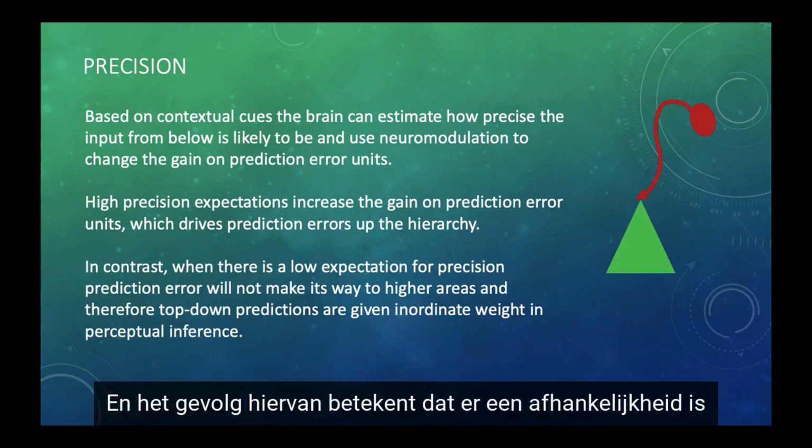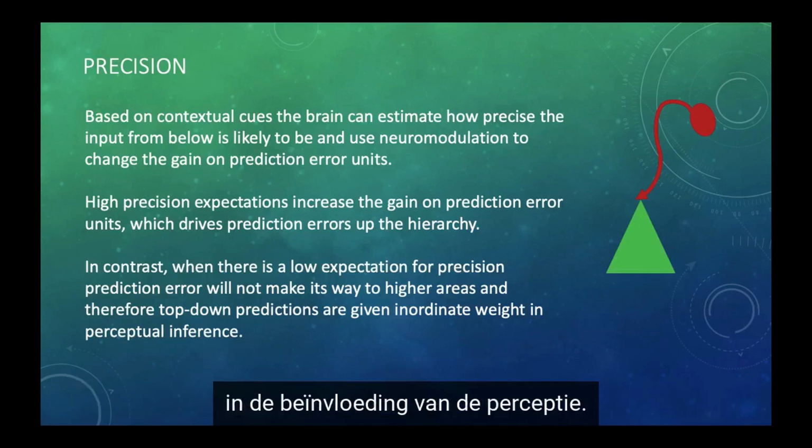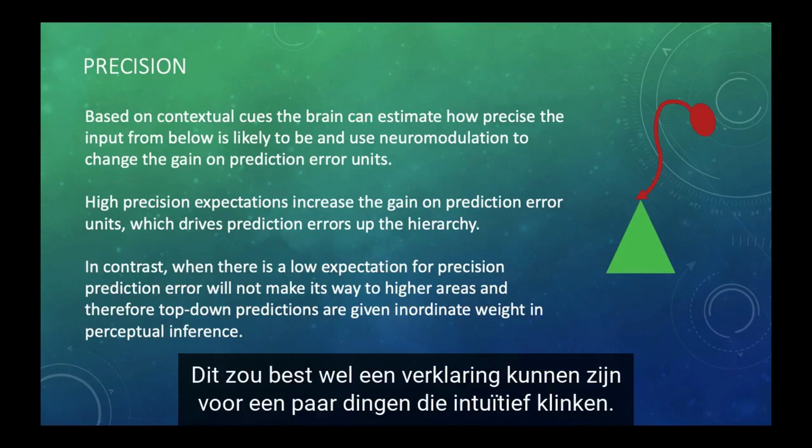And the consequence of this is that there's then a reliance. The top-down predictions are given a huge weight in perceptual inference. And so this can actually explain a few things that sound intuitive.